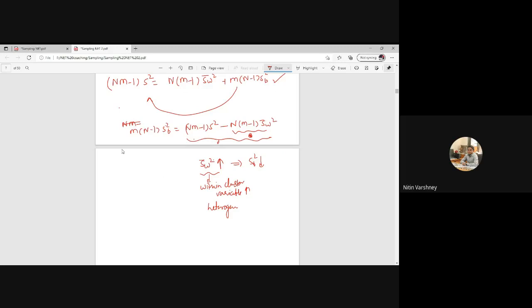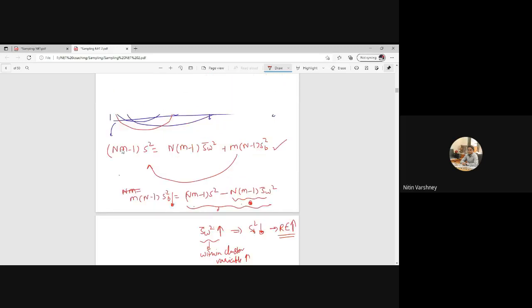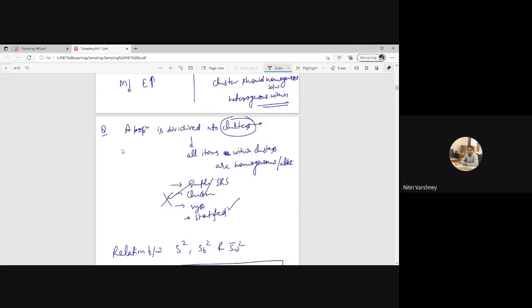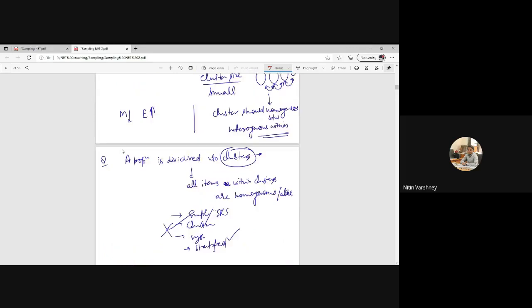So we can say this SB square will decrease. So this difference is decreasing, it means SB square is also decreasing, and SB square is decreasing, so relative efficiency will increase. Okay, so we can check here, from here also. See, for that, within should be heterogeneous.